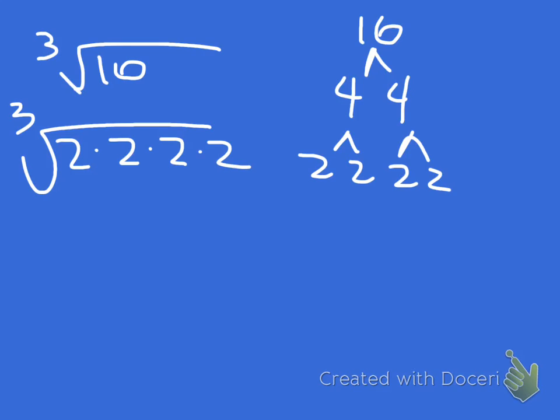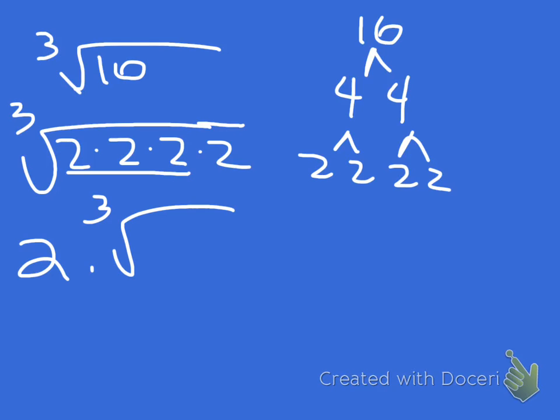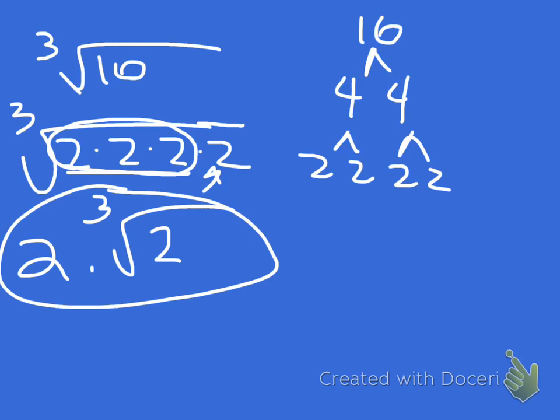When we're doing cube roots, the triples come out. So 2 out front, and then a 2 and a 4 left. And what's left? A 2, not a 4, because the 4 became split out. So this is 2 times the cube root of 2.